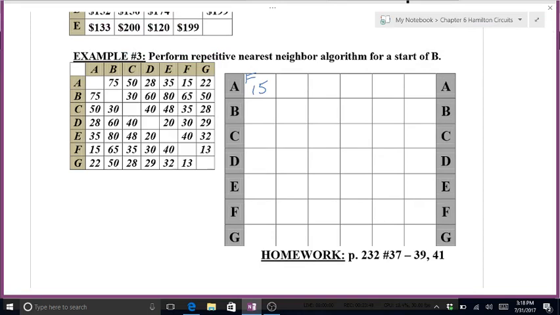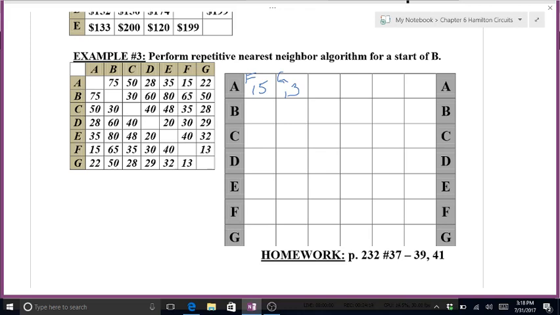When we leave F, our shortest is going to be G, the total of 13. When we leave G, our shortest is technically F if you look down the G column or the G row, whichever way you want to look at it. We can't go to F yet because we've already been there.